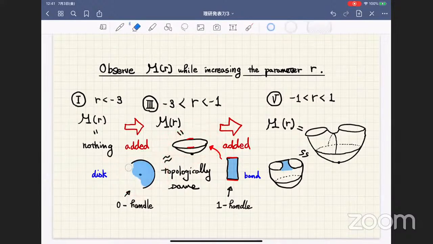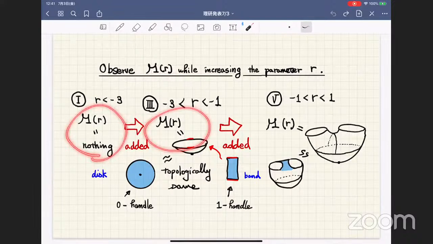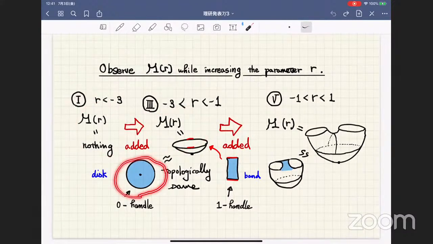This is just a two-dimensional disk. By using this disk, we can describe the difference between these two spaces by adding this two-dimensional disk. This is called a 0-handle in Morse theory. So this is the difference between 1 and 3.